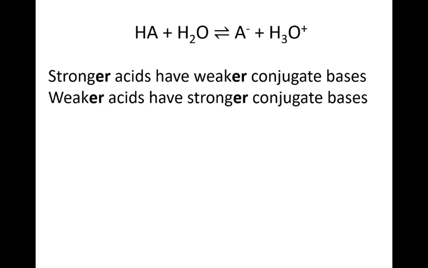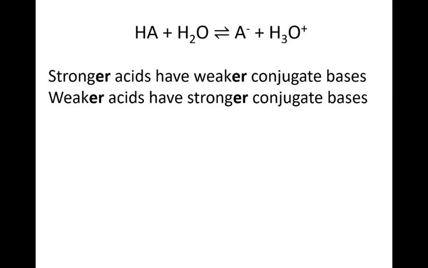As a general principle, the stronger the acid at being an acid, the stronger the acid at donating a proton, the weaker its conjugate base will be at accepting a proton. And vice versa, a weaker acid will have a stronger conjugate base. So usually either the acid form is better at being an acid or the base form is better at being a base.